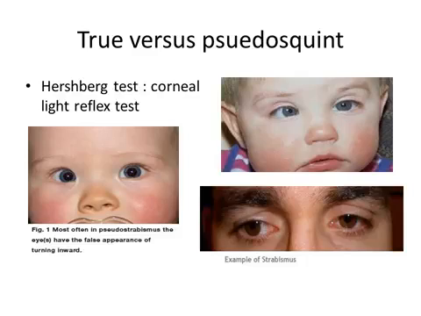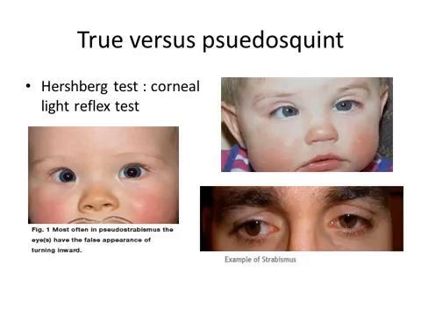The last thing you need to know is how to differentiate between true and pseudosquint. There are certain cases when the patient looks grossly squinted, but if you examine him, especially by shining a focused light on his cornea and noticing the position of the light, which we call corneal light reflex testing or Hirschberg testing, this will show us, as you can see in the left picture, that this child has central and symmetrical corneal light reflexes, while grossly he looks esotropic.